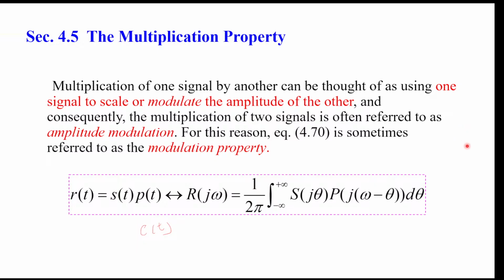And this is called amplitude modulation. So what do you mean by that? I guess we will see an example pretty soon. But anyway, when you multiply a signal with another time domain signal, it is called modulation, and this is called amplitude modulation. Okay, so this is called the modulation property.